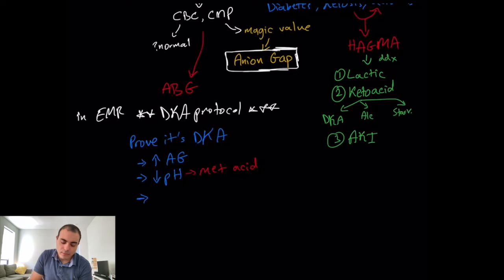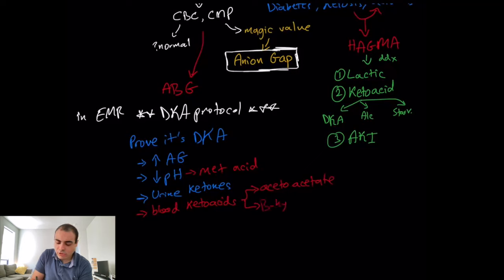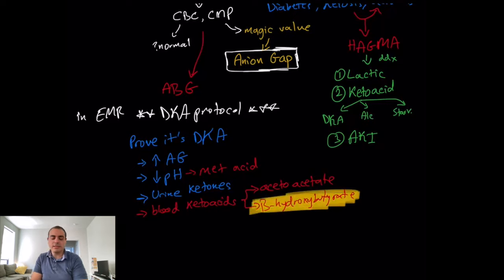The urine ketones, but more important, the blood ketones, the keto acids. There are two: acetoacetate, and more importantly, beta-hydroxybutyrate. This is the one you want to keep an eye on, because this is the one that causes the acidosis.